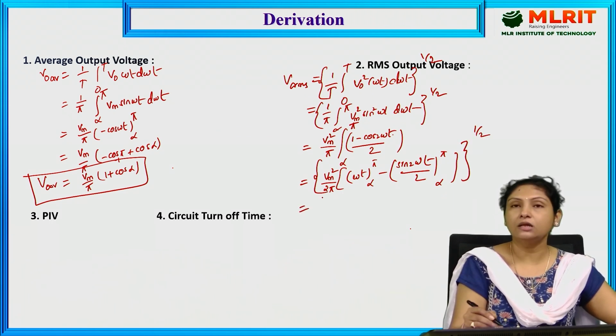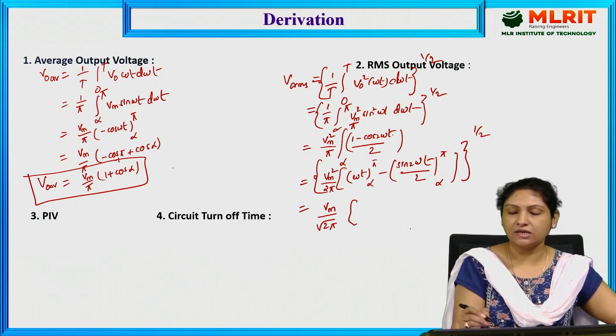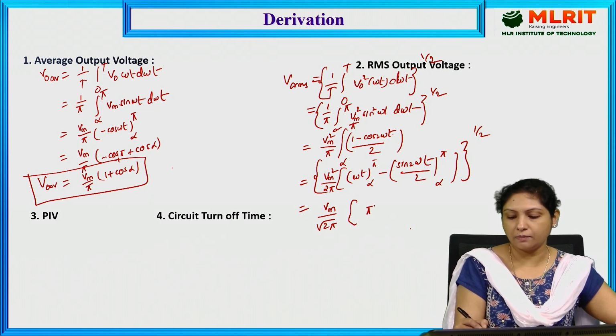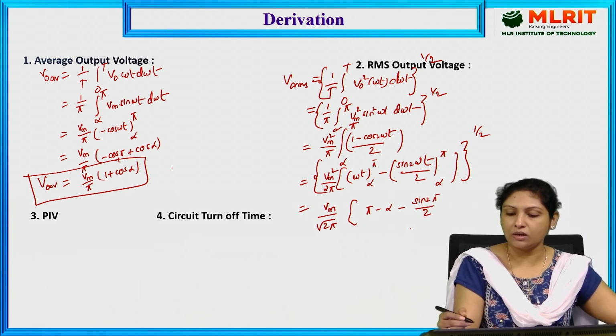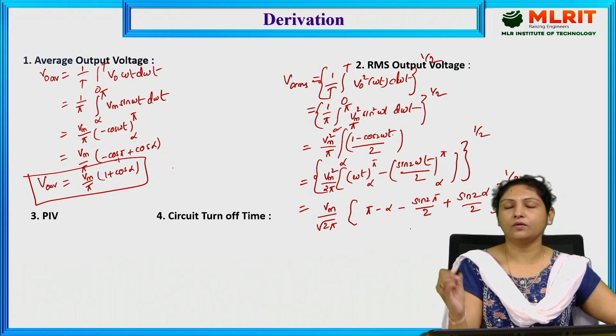Let me apply the power of 1 by 2. I get Vm by root 2 pi, and inside, applying upper limit minus lower limit, pi minus alpha minus sine 2 pi by 2, minus of minus will be plus sine 2 alpha by 2, whole to the power of 1 by 2.